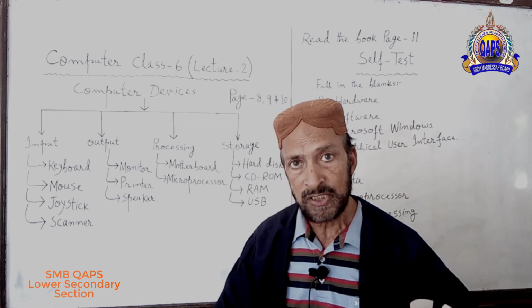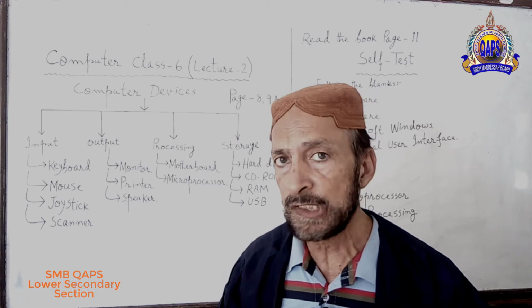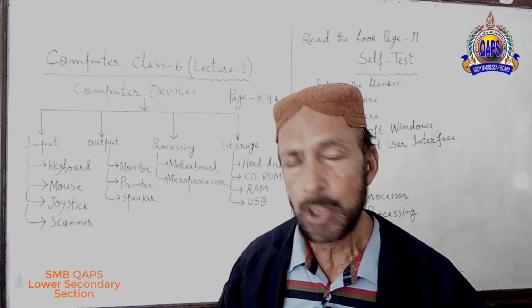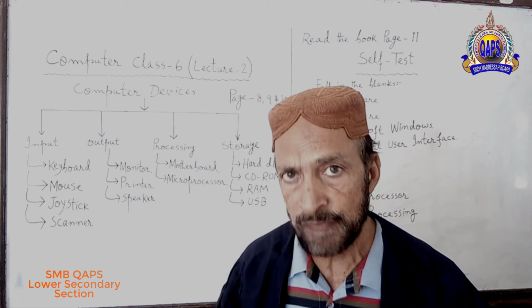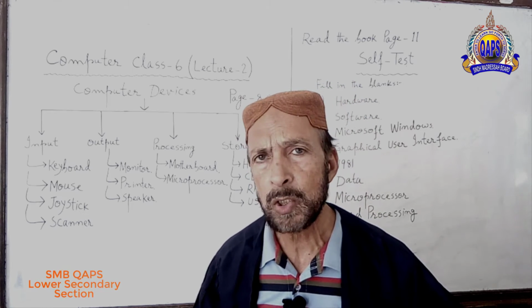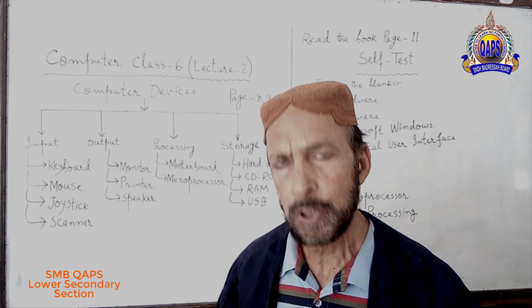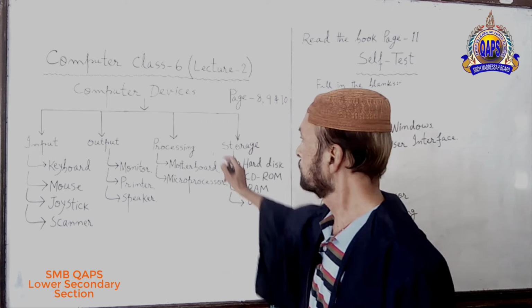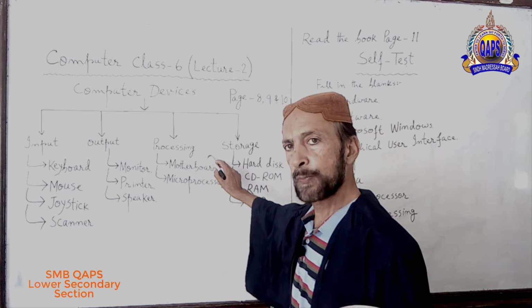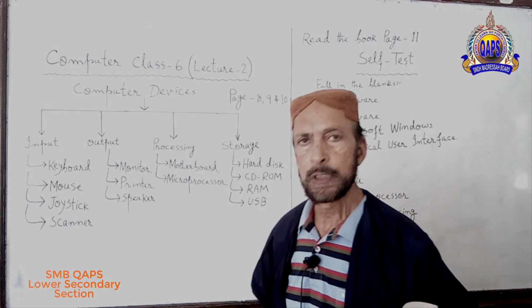It's a work, it's a process. That's why these devices are called processing devices. Example: motherboard or processor of your computer. Motherboard and processor of your computer.